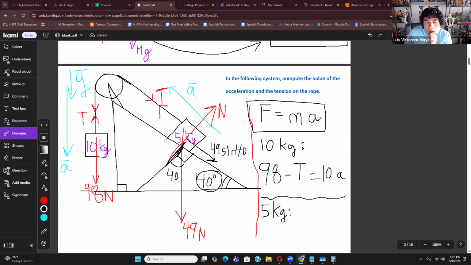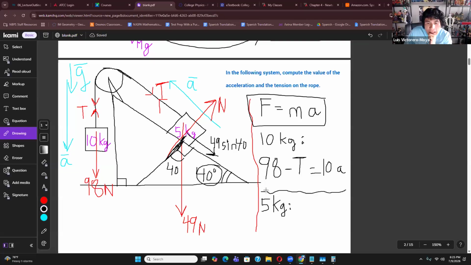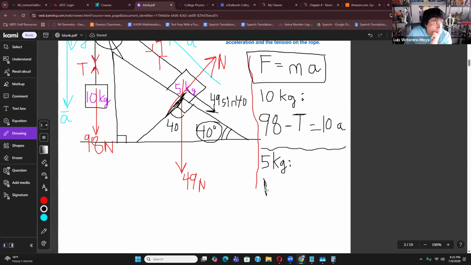But overall, 5 kilograms is going upwards on the plane, on the slope. So tension is larger. Yeah, tension minus 49 sine 40, yep, equals to 5A.